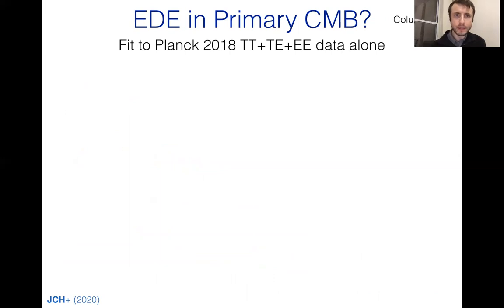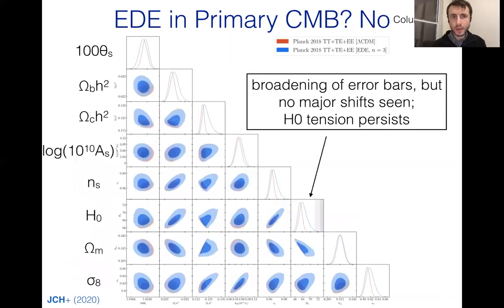All right, so we came into this, and one of the first questions I was interested in asking, which hadn't been looked into before, was to just see what the CMB alone had to say about this model. So let's fit Planck 2018 primary CMB data, not lensing, and see what we get. These are the full posteriors. Lambda CDM is in red, EDE is in blue, and the SH0ES 2019 constraint from Riess et al. is in gray. What you basically see skimming over these is that there are no big shifts if you fit just the CMB.